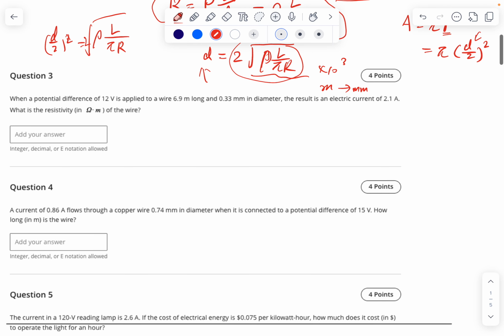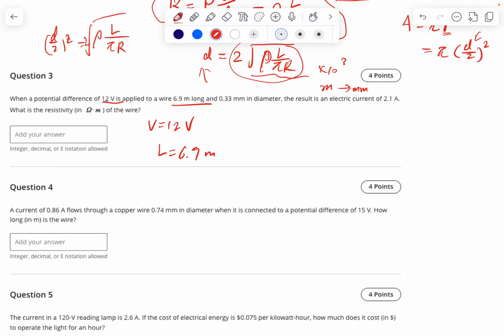Number 3: when a potential difference of 12 volts is applied, so V equals 12 volts, to a wire 6.9 meters long and diameter D equal to 0.33 millimeter, also equal to 0.33 times 10 to the negative 3 meter, the result is an electric current of I equal to 21 amps.